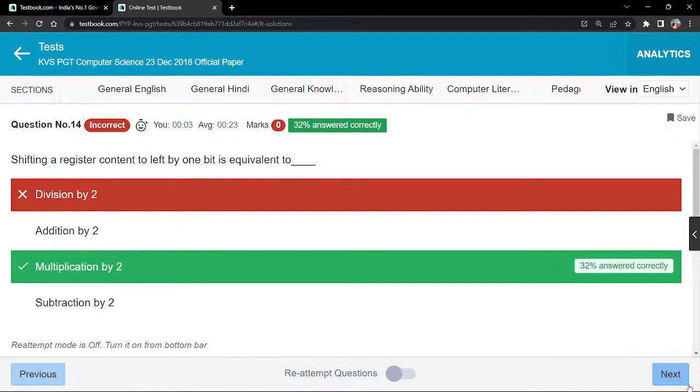Shifting register content left by 1 bit is equivalent to multiplication by 2.